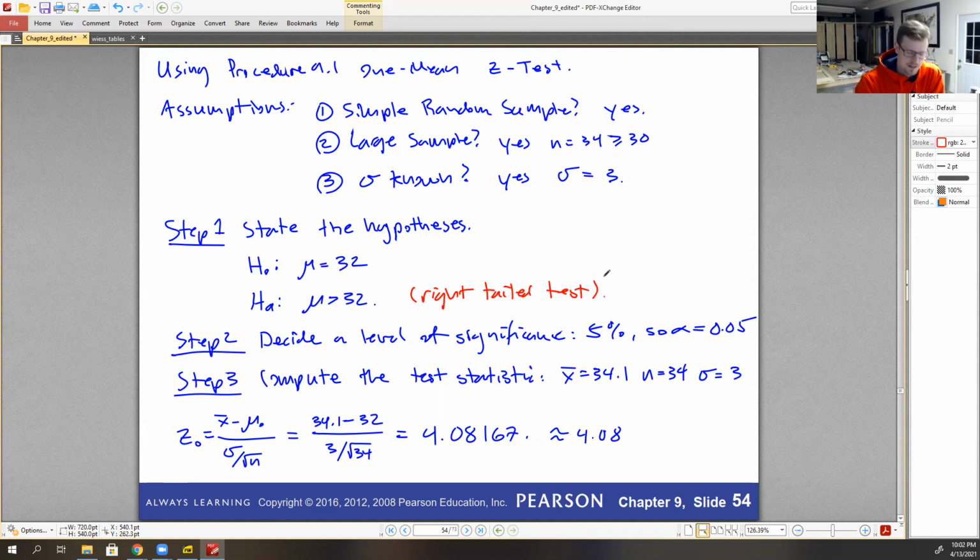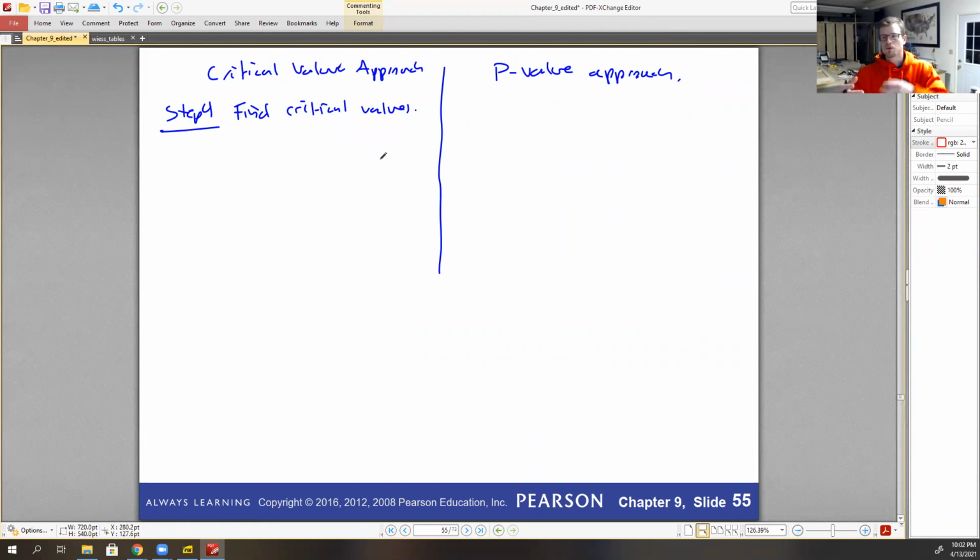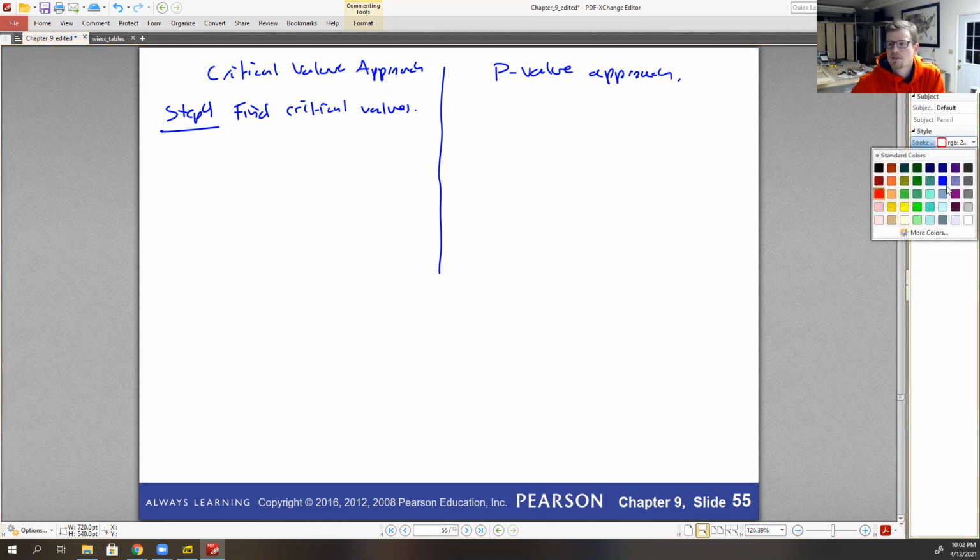Right-tailed test. So what we want to do is find the z-value, which has an area of alpha to the right.